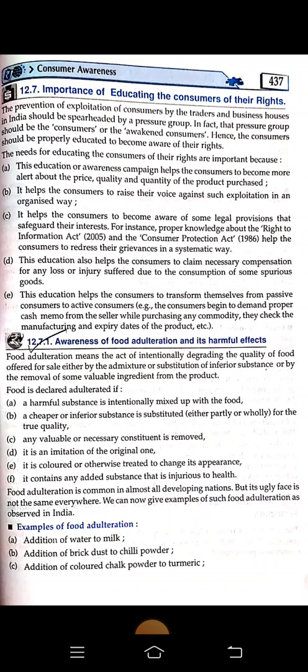We can now look at examples of such food adulterations in India also, like the addition of water to milk, addition of brick dust to chili powder, addition of colored chalk in turmeric, injecting dyes into watermelon, mixing papaya seeds in black pepper, mixing processed beef fat in butter, mixing wood dust in tea, mixing coarse grains of sand in rice, mixing small colored clay balls in mustard seed, and application of chemicals to color brinjals and so on.